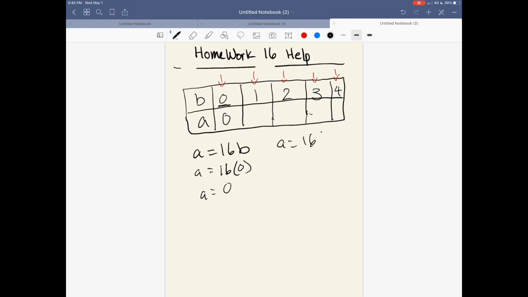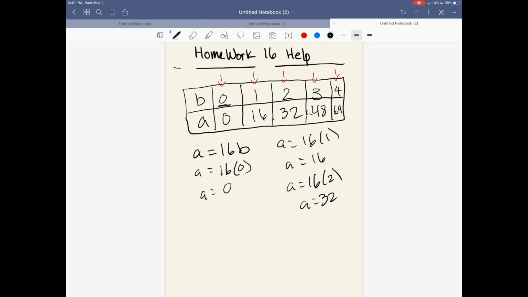Fairly simple. 16 times 1, which gives you 16. 16 times 2, which gives you 32. Okay, and if you do the rest of them, you'll get 48 and 64. Okay, let's go ahead and plug that in.